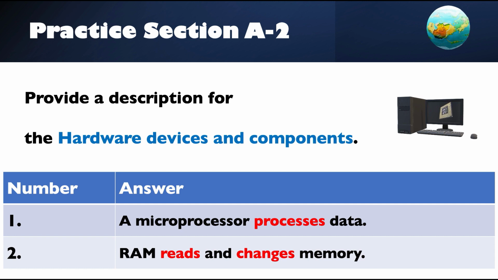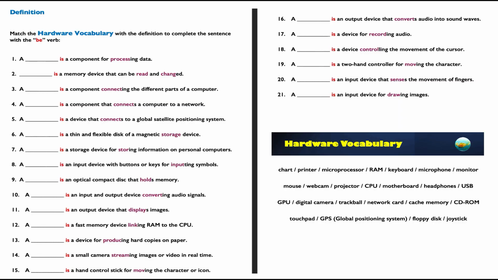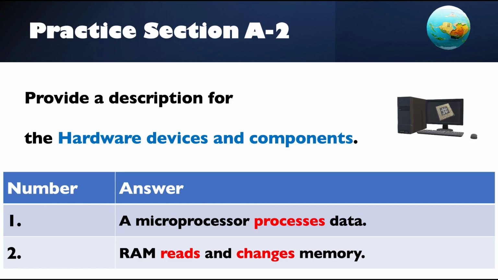So notice back in the definition of number 2, RAM is a memory device that can be read and changed. The hint for the description is in these purple words. If you print it in black and white, it's going to be more difficult, so if you print it in color, you have a bit of a benefit.